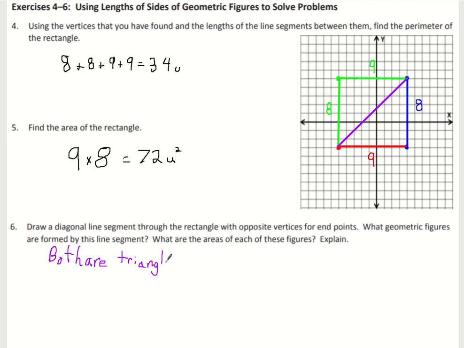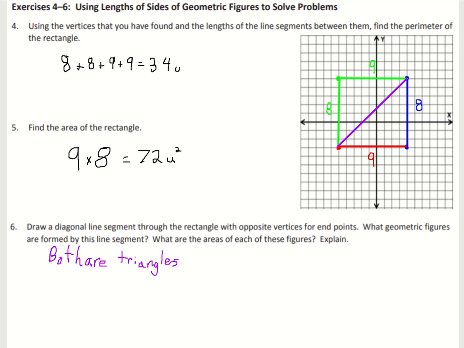It then asks us, what are the areas of these figures? Now, I could do this in a couple of different ways, but instead of just pulling out the formula for a triangle, I can actually just look at my shape. Honestly, to me, it looks like it's just cut in half.